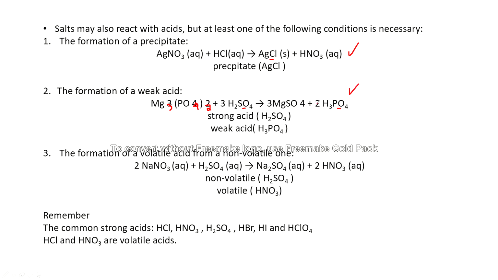And then we have the formation of a volatile acid from a non-volatile acid. The acid that is formed is nitric acid. Nitric acid is volatile. Volatile means that at room temperature, it evaporates.